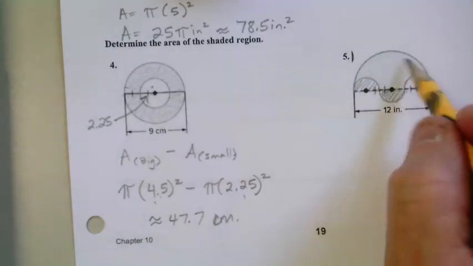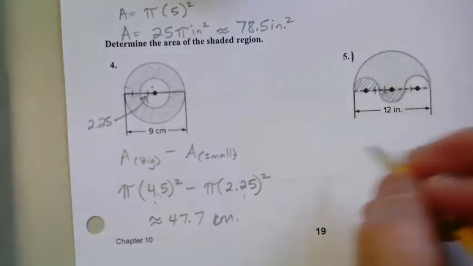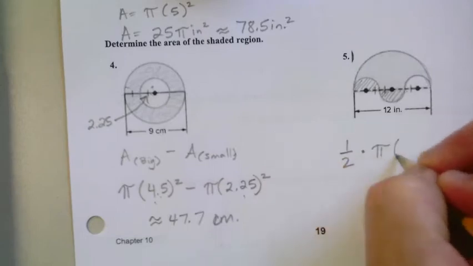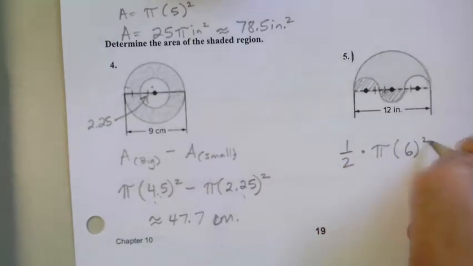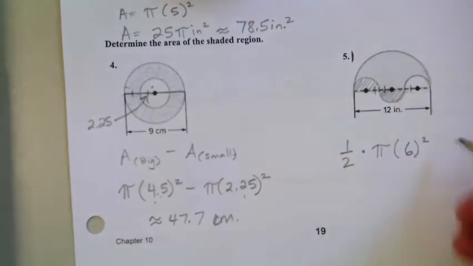And what's left over will be this shaded region over here. Okay? So I'm going to take the area of the big half circle, pi, again, 6 squared. Okay? The diameter was 12, so the radius is 6, minus 1/2 pi. Now let's see here.